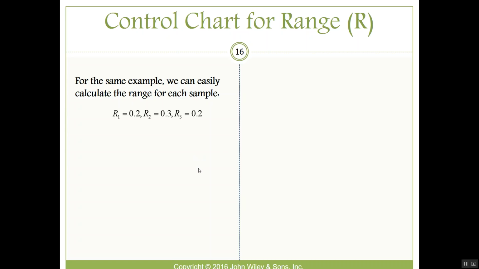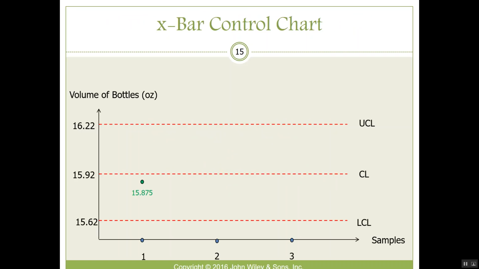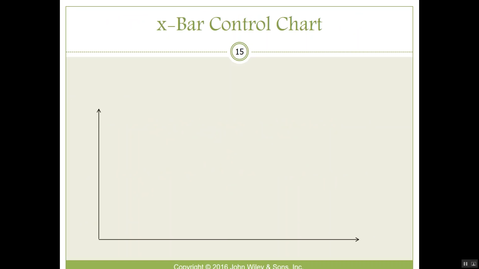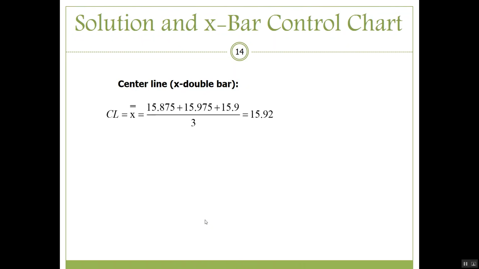For the next type of charts, for the R chart, first we have to calculate the values of R1, R2, and R3, which is the range of each of those samples. So how did I calculate the range of samples 1, 2, and 3? If you go back to the example that we had, I purposely left this row blank.